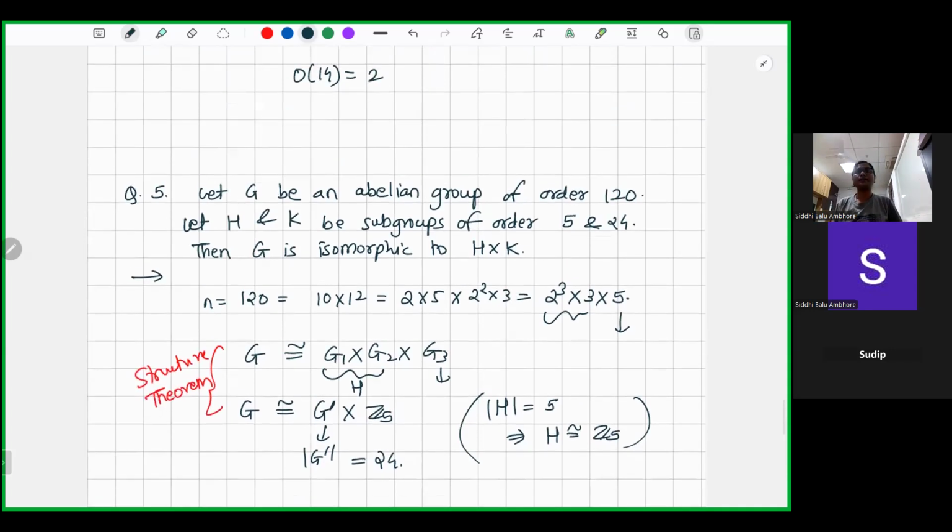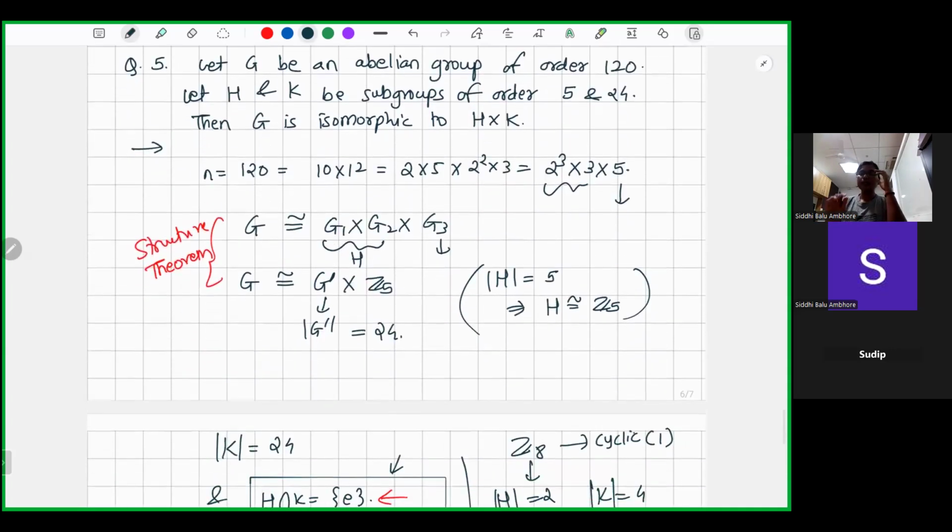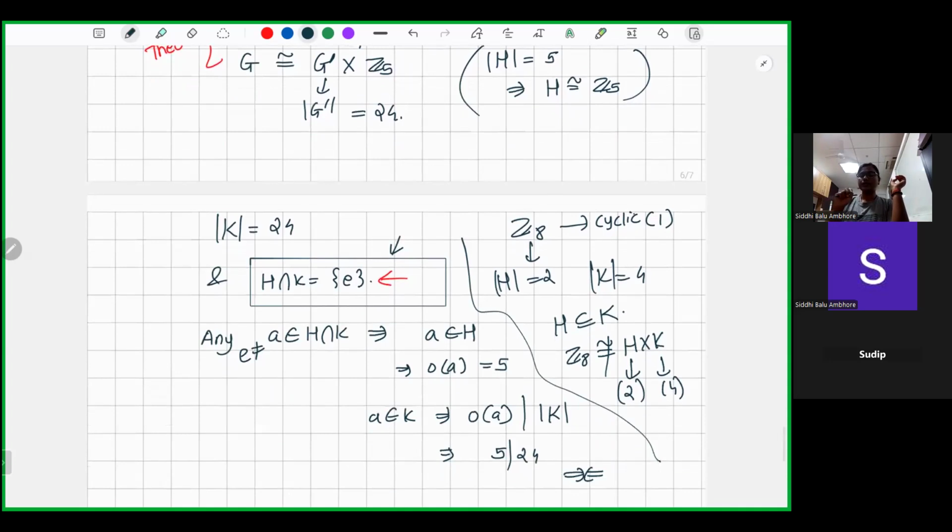Is there any problem in what I said? We got the product of Z5 and a group of order 24 from the structure theorem, and then we saw that their intersection is the identity.